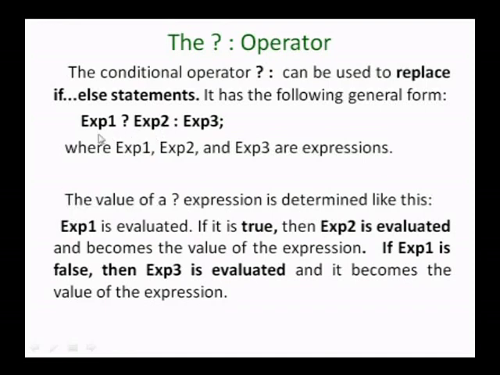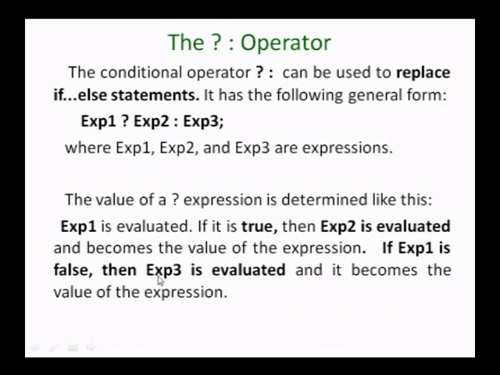That is, the general form would be expression 1, followed by: if this expression 1 is evaluated to a true value, then expression 2 is going to be evaluated or chosen. If this expression 1 is going to be evaluated to false, then expression 3 is going to be chosen.